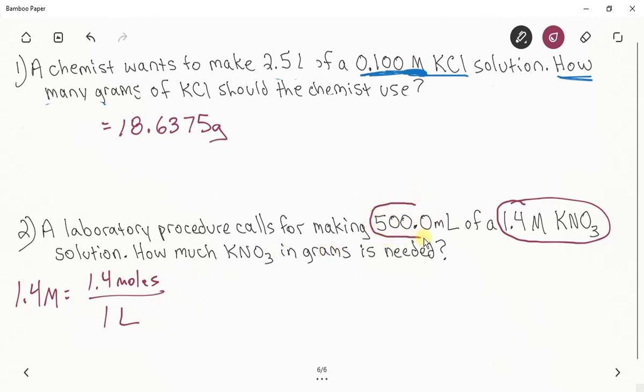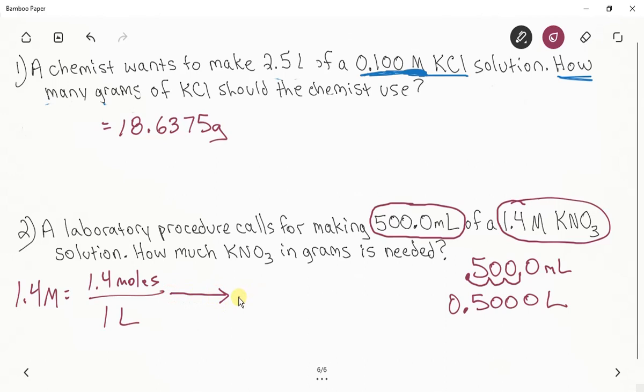The laboratory procedure calls for making 500 milliliters. So 500 milliliters, if you remember my trick, if you just take the decimal and move it up 3 places, that's going to give you how many liters? So 0.5 liters.